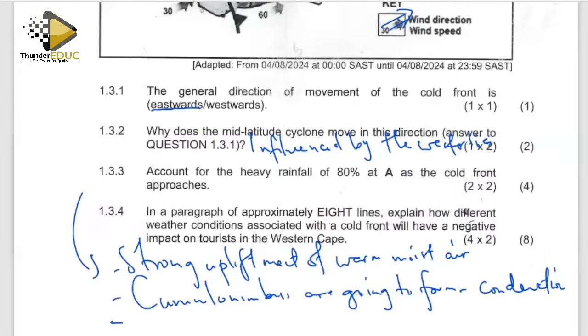in that area, in the eastern side of our cold front, and hence resulting in heavy rainfall. We know well that cumulonimbus clouds are associated with heavy rainfall. So that is the account for the 80% rainfall at A, just to the east of the cold front.